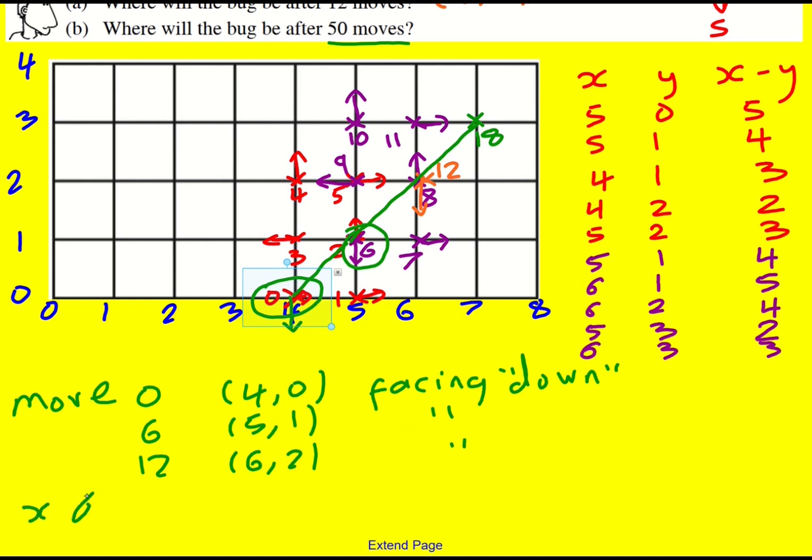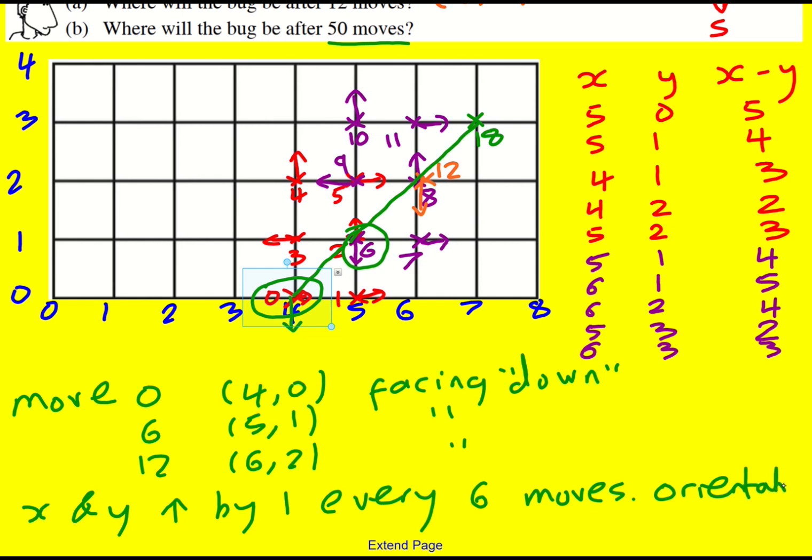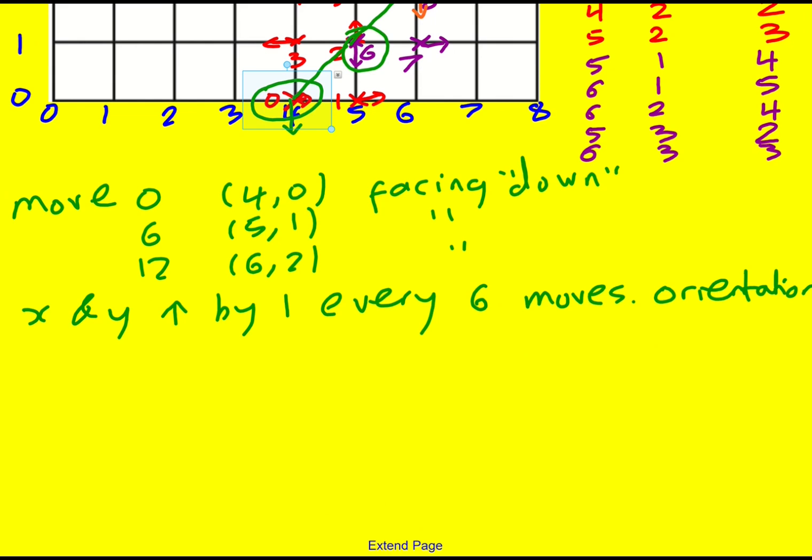So x and y increase by 1 every 6 moves. Orientation is south with the bug then turning left.